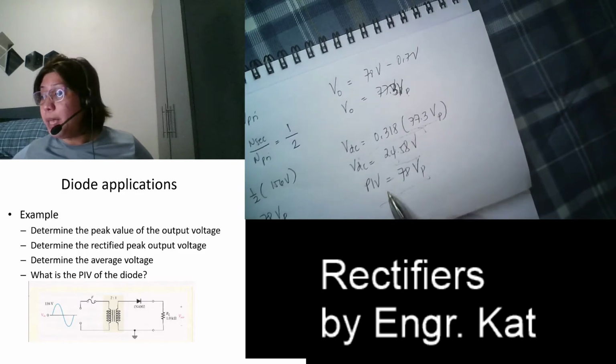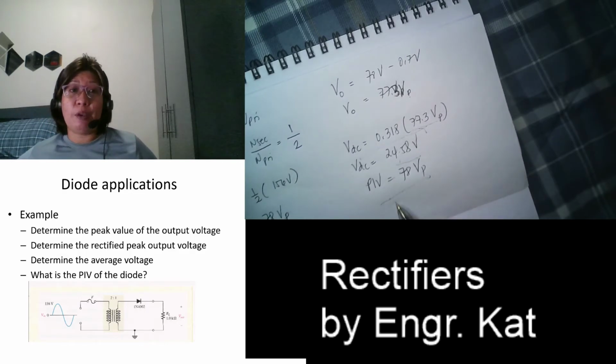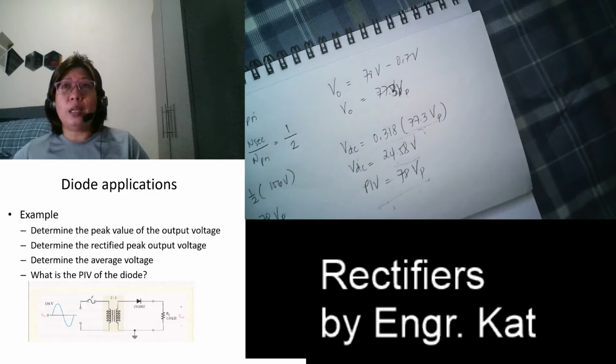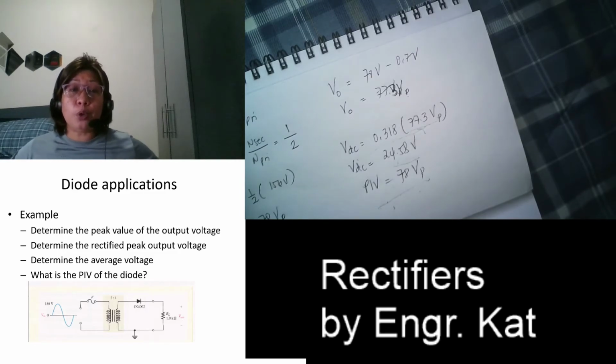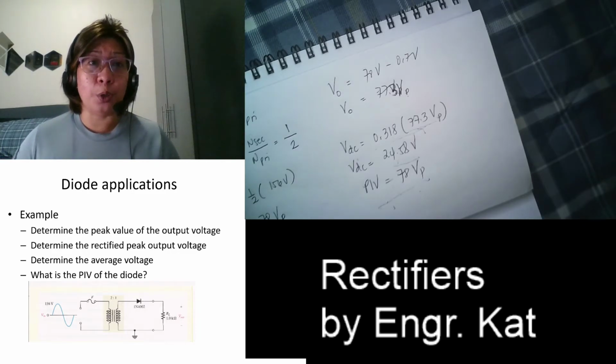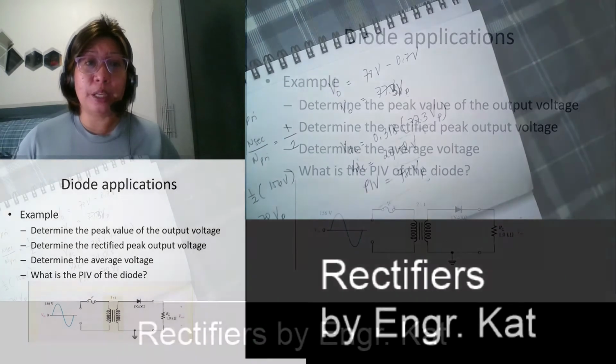That's why our PIV rating for that specific diode must be equal to 78 volts. So those are some of the things that you can compute or can encounter when you have a half-wave rectifier.